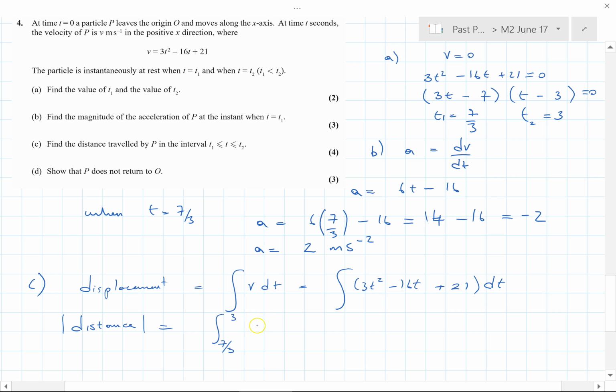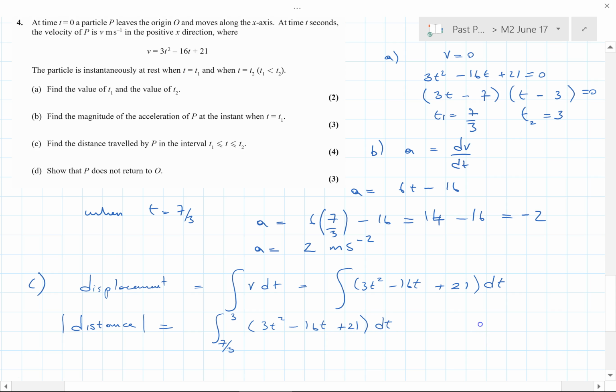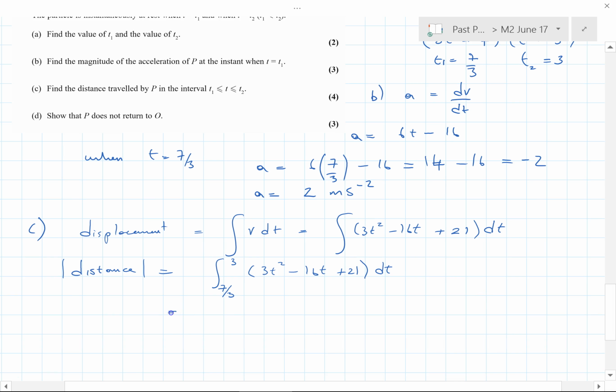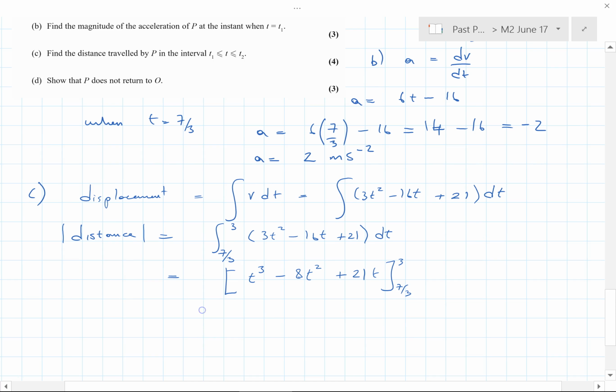So that's the integral from 3 to 7 over 3 of 3t squared minus 16t plus 21 dt. That equals t cubed minus 8t squared plus 21t, between 3 and 7 over 3. And putting the limits into that, I'm going to do it by considering it term by term.